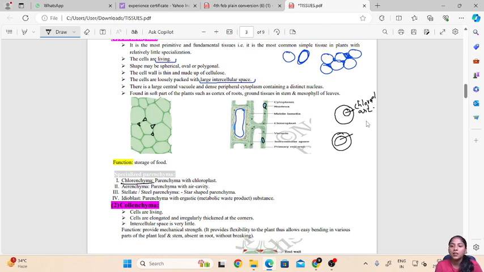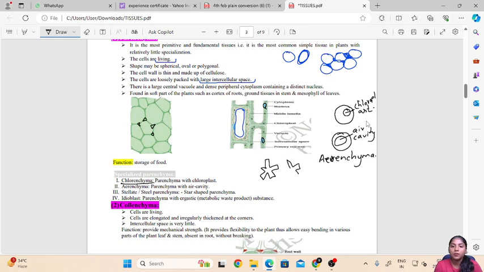And these cells which contain air cavity or vacuole are called aerenchyma, or aerenchyma tissue. Then in some plants, the parenchyma cells may be star shaped.